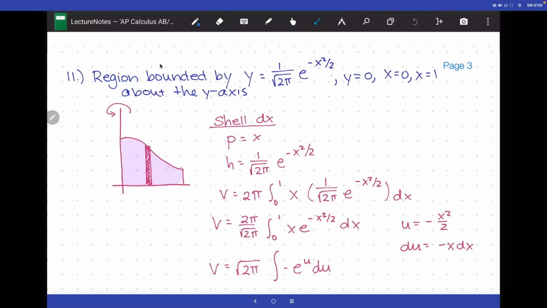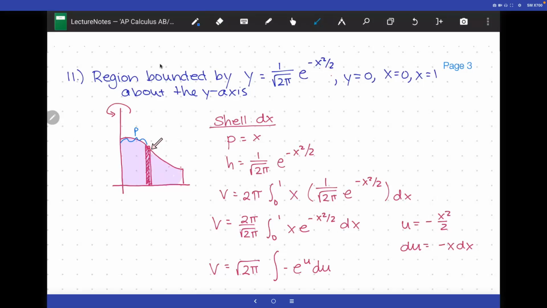All right, and then it did say use shells. So if we're rotating about the y-axis, your rectangle will always be drawn parallel for shells, which makes this a dx problem. And then you have to find p and h. So remember, p is the radius of the shell. So p gets measured from the axis of rotation to the rectangle.